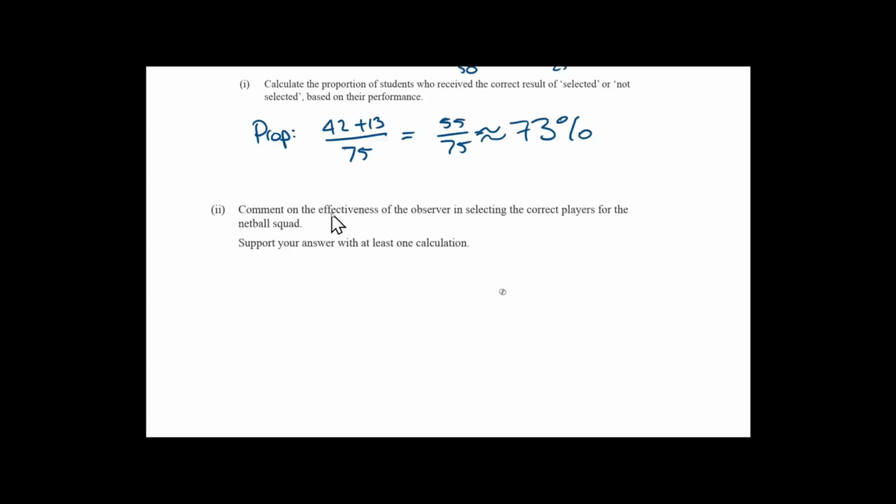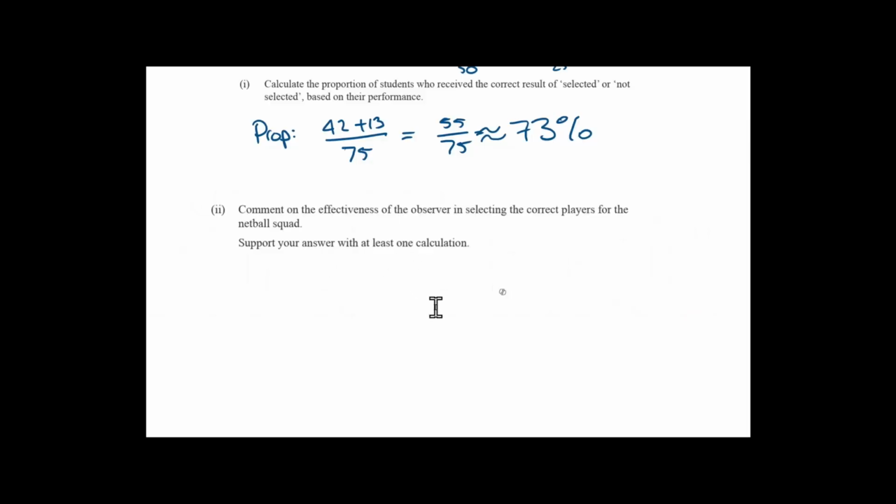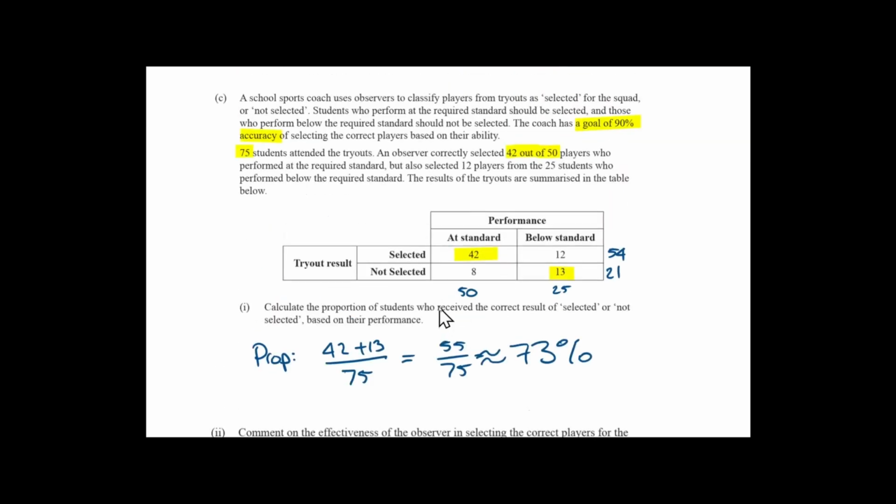Right. Comment on the effectiveness of the observer in selecting the correct players for the netball squad. Support your answer with at least one calculation. Netball. There's no mention of netball up here. It just says a sports team. Okay. Is that a mistake?